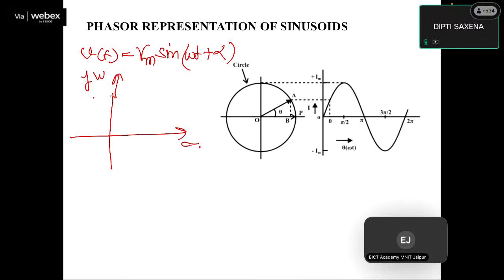So this is Euler's theorem. Now let us consider a vector at an angle alpha. That is, we can say this is equal to e raised to the power j alpha.